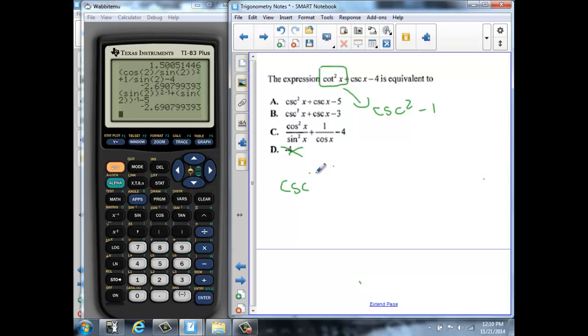So then really what I have is cosecant squared minus 1 plus cosecant minus 4. But the minus 1 and the minus 4 go together to get us that minus 5 one. It may have actually been easier to try doing with identities. That actually wasn't that bad to solve. That being said, some of these are horrible, just so you know.